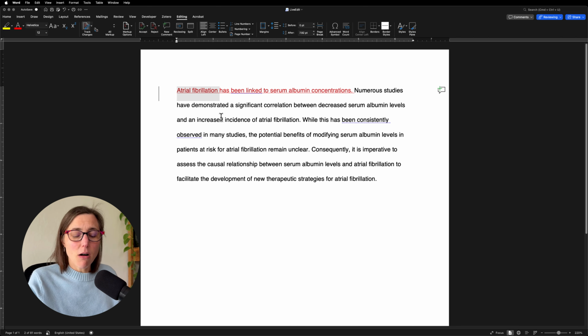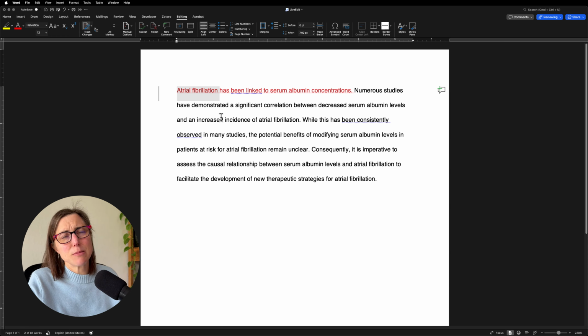Now, depending on the audience or the readership, depending on the journal, atrial fibrillation may not be the best topic to start with. If we say that this is the very first paragraph of the introduction section of a research manuscript, and you are submitting it to a cardiac-specific journal, Circulation, for example, starting with atrial fibrillation could make sense because the readership is likely going to know what atrial fibrillation is.